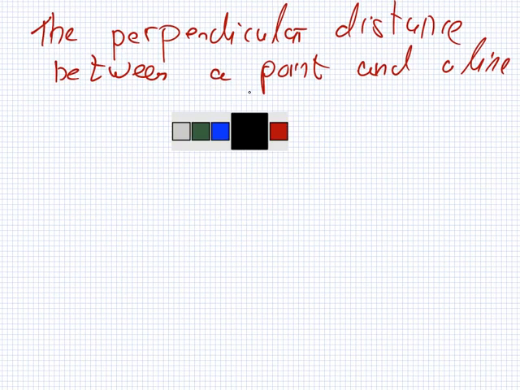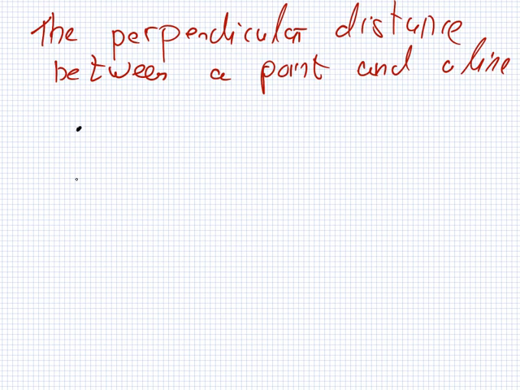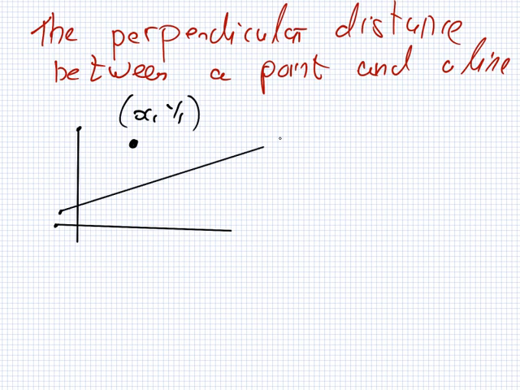Right. Next, let's say we have a point here, which we'll say is x1, y1, and a line here, which we'll say is ax plus by plus c equals 0, and we want this perpendicular distance between this point and this line.